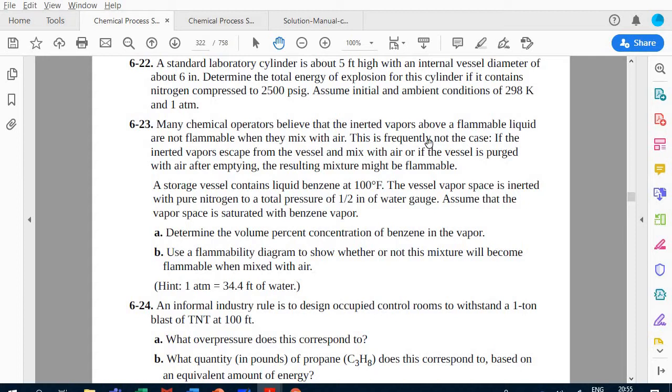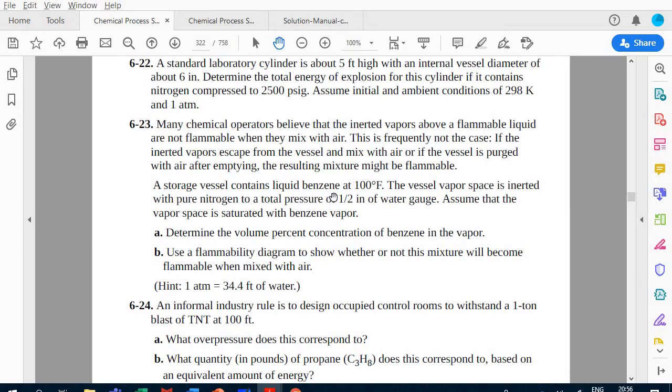It does. This is frequently not the case. If the inerted vapor escapes from the vessel and mixes with air, or if the vessel is purged with air after emptying, the resulting mixture might be flammable. Especially when you think of inert, you think of nitrogen only. But for example, it could be carbon dioxide, it could be steam, so it could be something that's flammable.